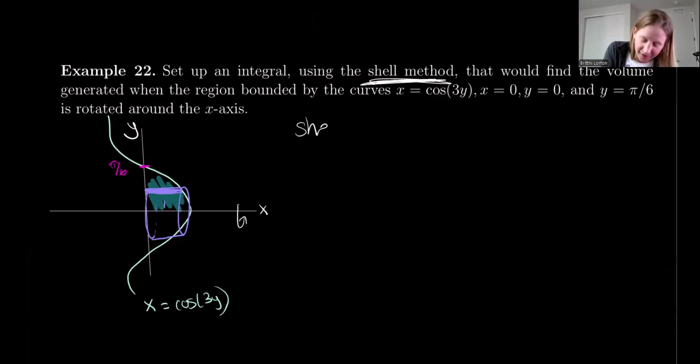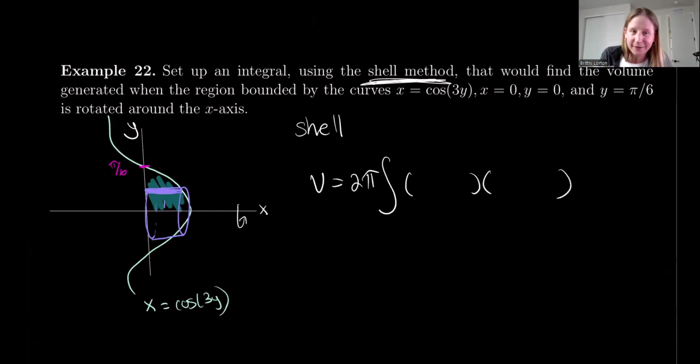So here we are doing the shell method. We got it. So the volume is 2 pi, the integral of radius times the height. In this case, I had to use the horizontal sliver, so it's a dy. So my bounds would come from the y-axis. And my radius is now a y value because my sliver now is y.